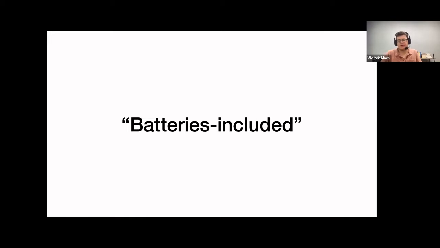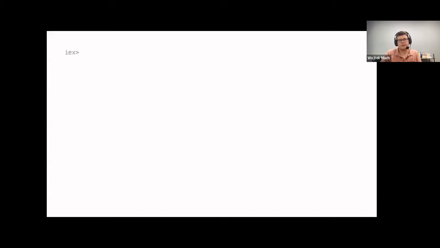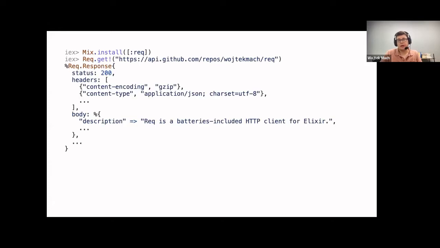So let's show how it looks to work with Req. Here, let's say we have an IEx session, and we can Mix.install Req, and we can call Req.get, and this is what we would get back.